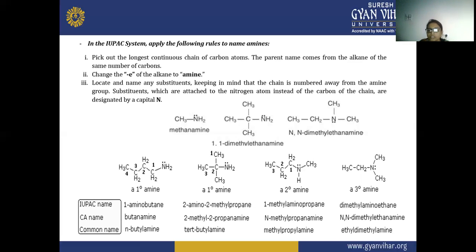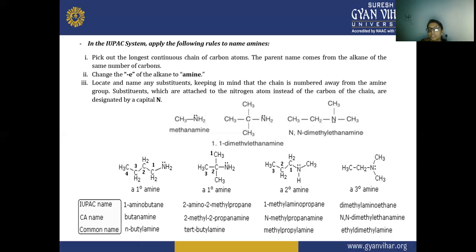Third is CH3, CH2, and CH3, CH3. On this nitrogen atom, two alkyl groups are attached, meaning two methyl groups on the nitrogen. That is why it is written N,N-dimethyl ethanamine.